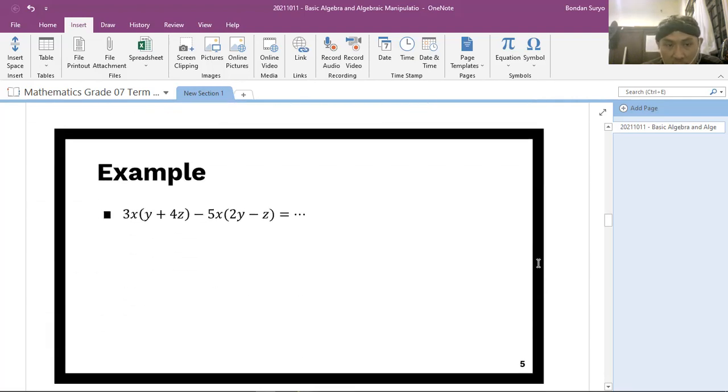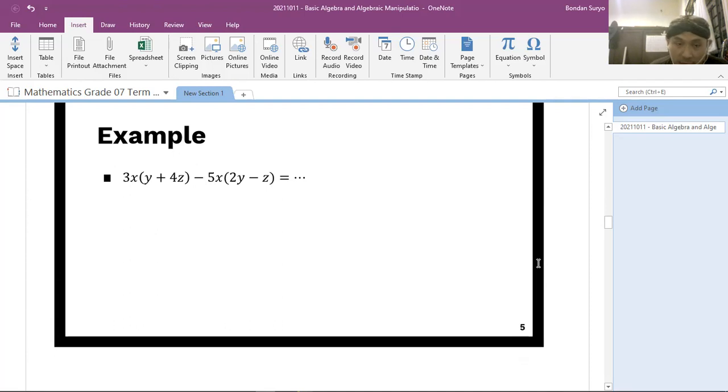Next, how about this one? We do the same things. 3x times y is 3xy. Then this one, 3x times 4z, equals 12xz. Then this one, -5x times 2y equals -10xy.